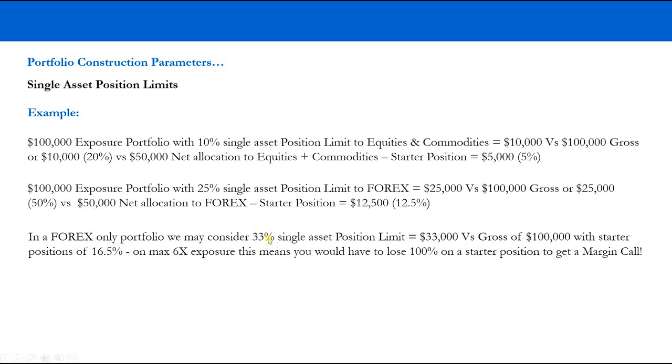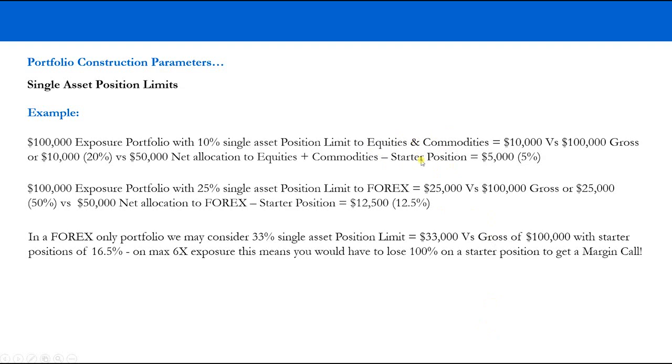Now, the reason why we can have a higher single asset position limit in a Forex only portfolio than a combined portfolio is that the volatility in Forex is lower, and we don't just want to have one position or 2 positions. We still want to have diversity, but we can have a higher concentration in percentage terms because the volatility in Forex is lower than in equities and commodities.